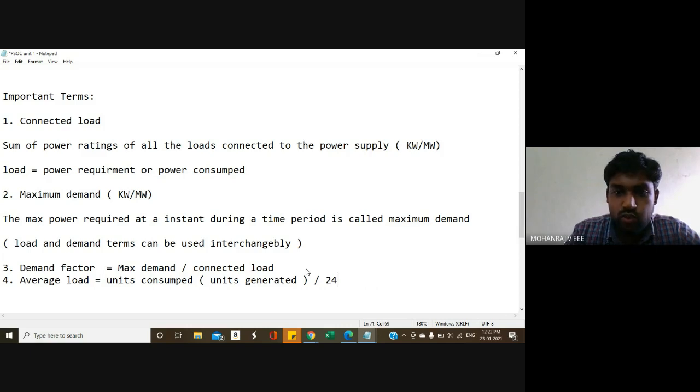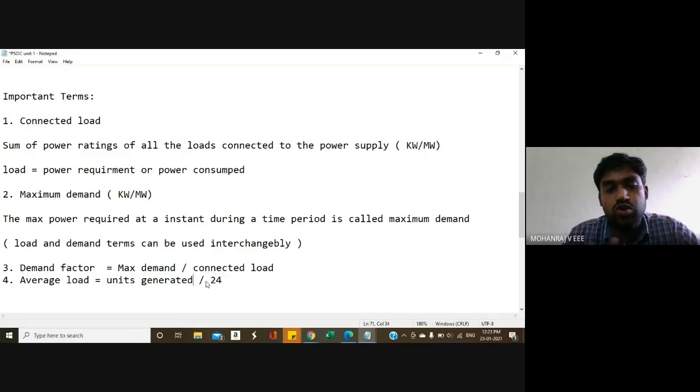The 24 is the number of hours in a day. So units generated by 24 is equal to average load.